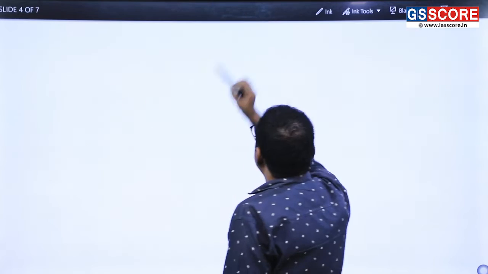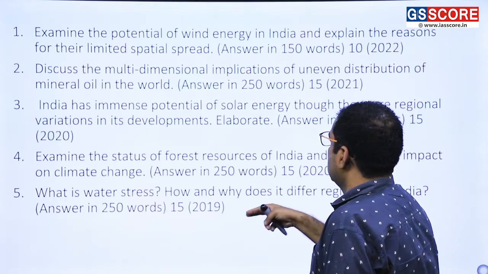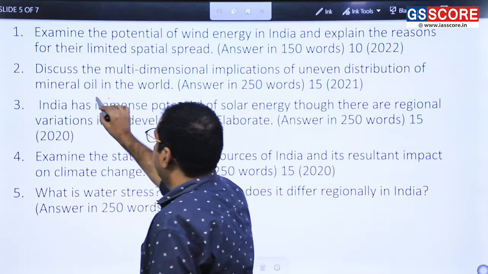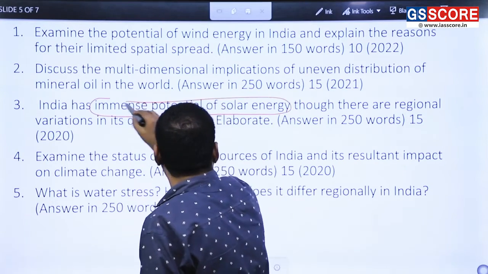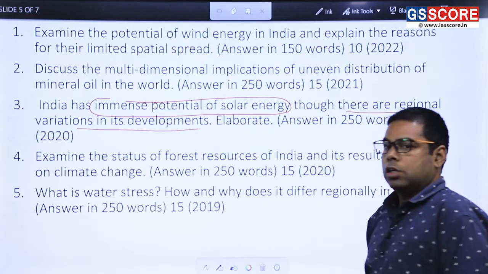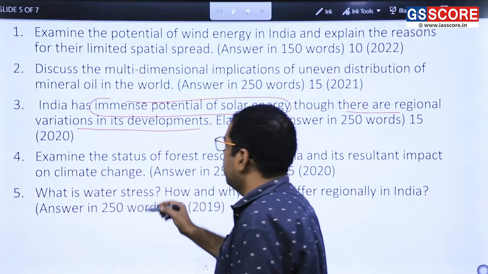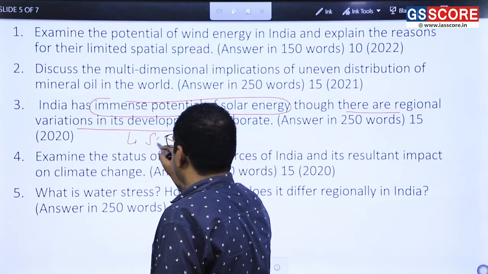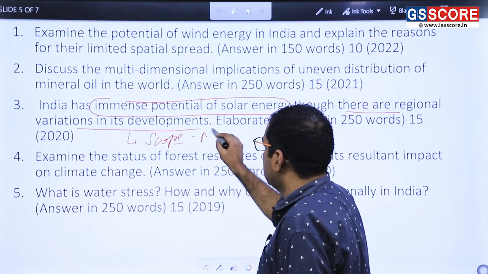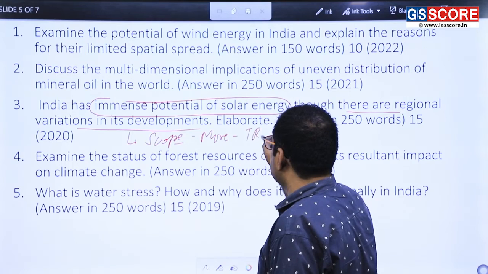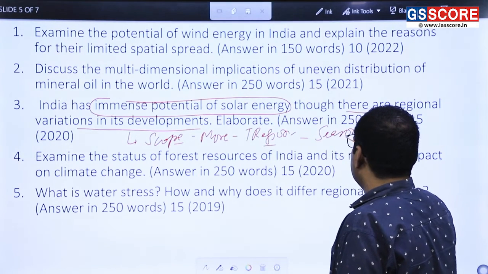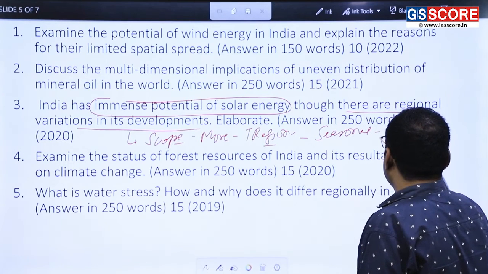The question is: India has immense potential of solar energy, though there are regional variations in its development. This development will always vary on the basis of the scope. The scope is more in the tropical region and seasonal in the subtropical region.